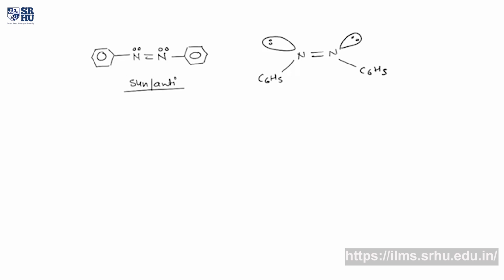If the lone pairs are on the same side, it will be called syn, whereas if the lone pairs are on the opposite side of the double bond, like this one with the lone pair here and this one with the lone pair here, with C6H5 and C6H5 opposite, it will be known as anti. So this is how syn and anti are assigned in azo compounds.